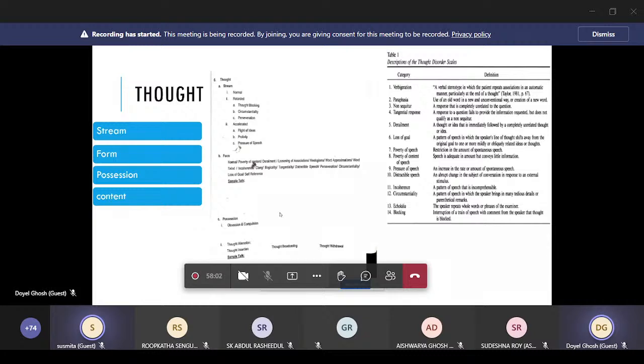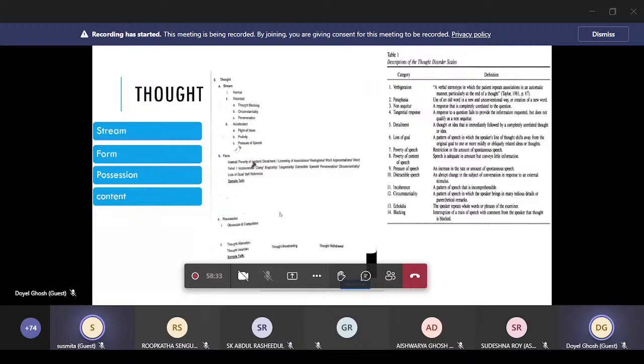Then thought alienation. Under thought alienation, my thought is not only my thought. It doesn't remain my private thought anymore, but my thought is being inserted into my head. That is thought insertion. There may be thought broadcasting, that everybody around me is getting to know my thought. My thought is being broadcasted in Akashvani, in radio, in TV.